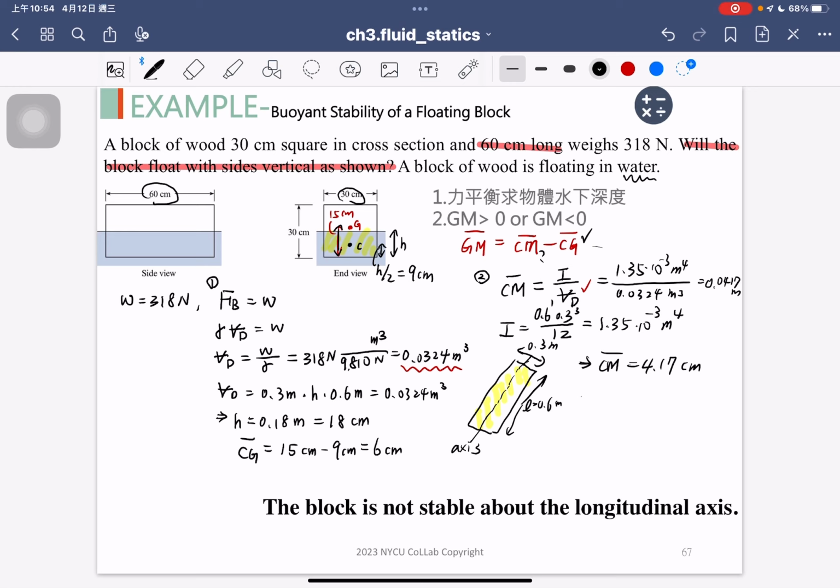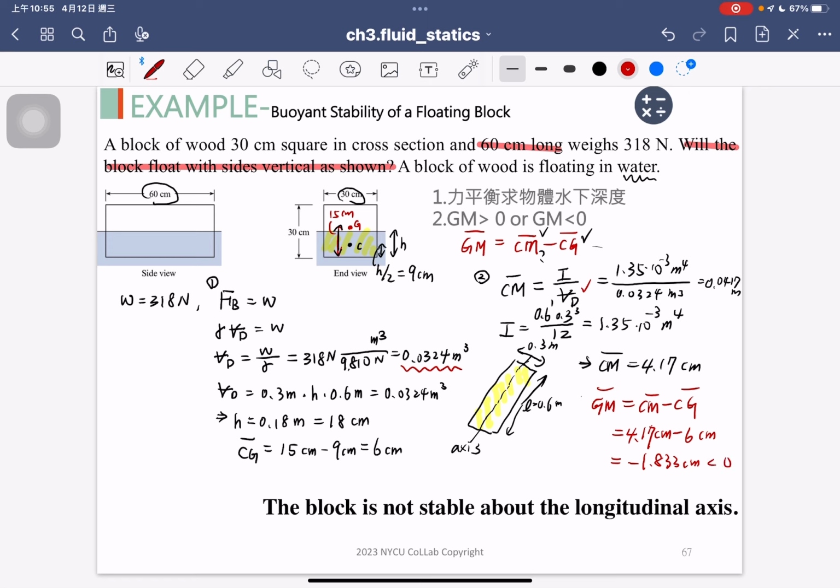We just pick up the equation here. GN will equal the CN minus the CG distance, and the CN is 4.17 centimeters minus the 6 centimeters, which will equal minus 1.833 centimeters, less than 0.